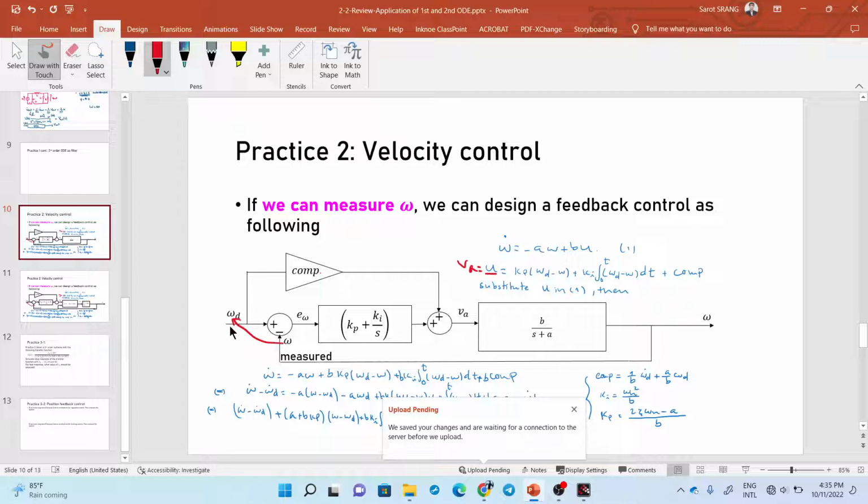We compute the difference from the desired. Desired means you want it to rotate at this value, and you compare the two, then you get the error, right?